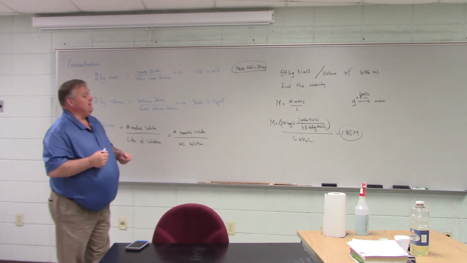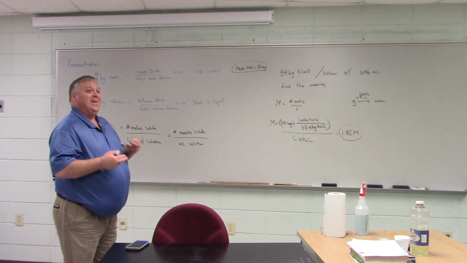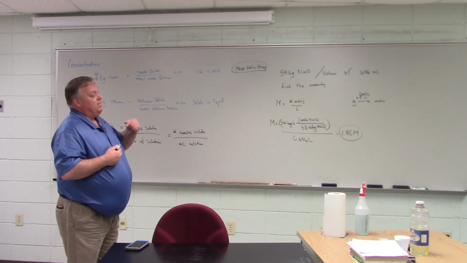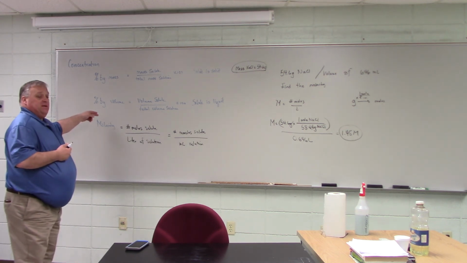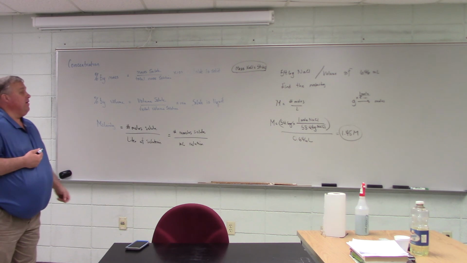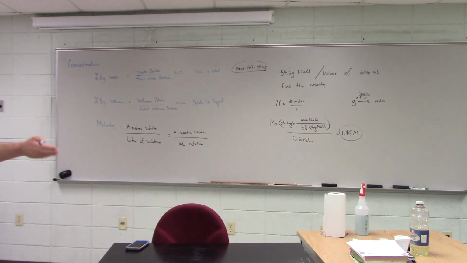So, in terms of ease of use and the amount of use, we're going to be using molarity more than we're going to be using these two percentages. But just for your review, a percent is still a part over a whole times 100, and we can convert from a percent to molarity, and we can convert from molarity back to percent.